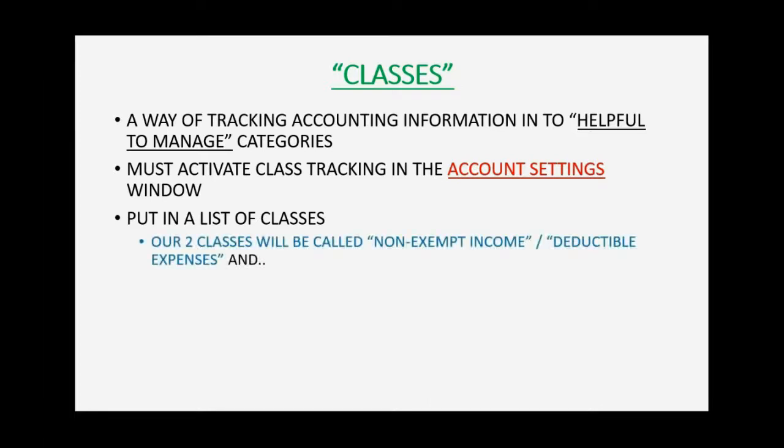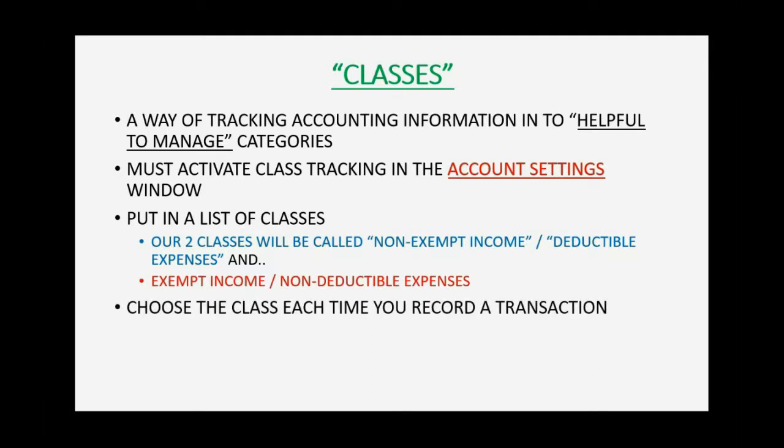We only need two. The first class will be called non-exempt income slash deductible expenses, and the other class will be exempt income slash non-deductible expenses. And we will choose the class each time we record a transaction.